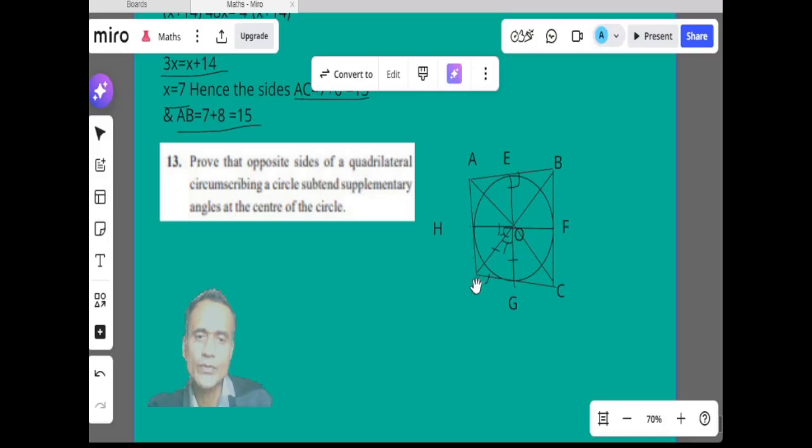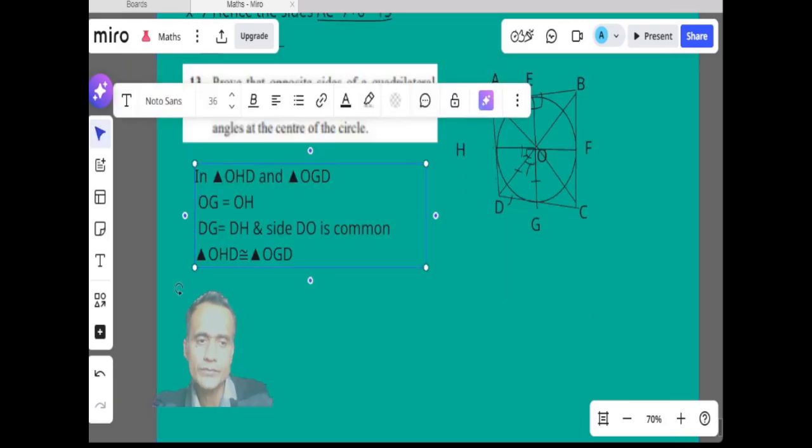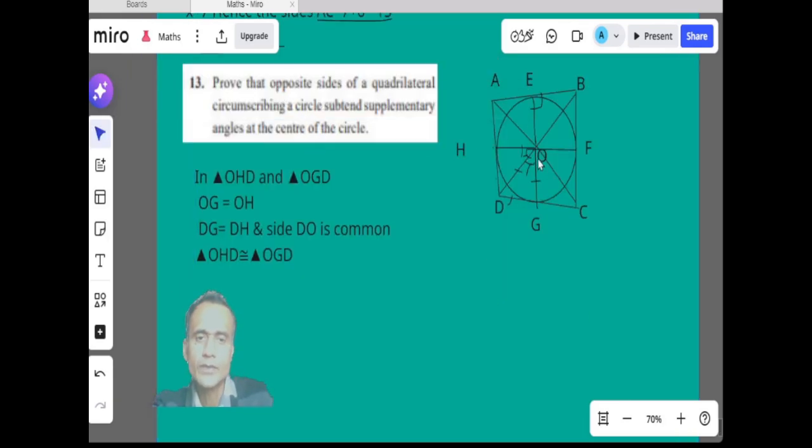We know from the theorem that DH is equal to DG, these are the two tangents. So if we see triangles OHD and OGD, OG equals OH, both are radii, DG is equal to DH, these are the tangents, and OD is common. So these two triangles are congruent.